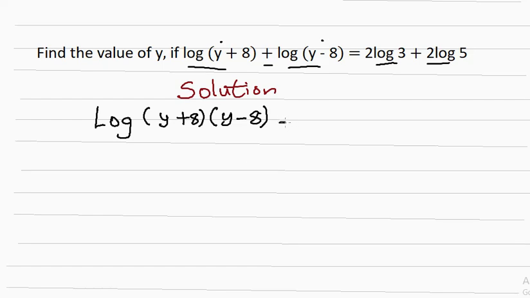Before I can apply this law here, I need to remove the 2, which is the coefficient of log 3. That coefficient is from the power law. If I take it to where it's supposed to be, it is 3 raised to power 2, because these 2 came to the front as a coefficient.